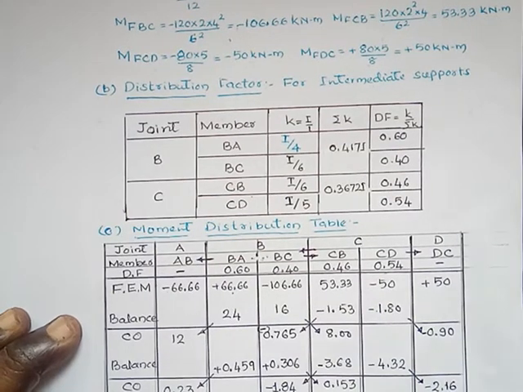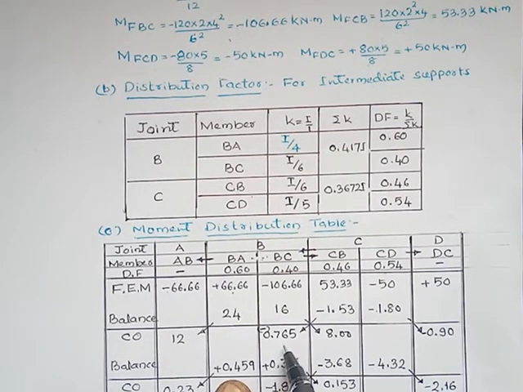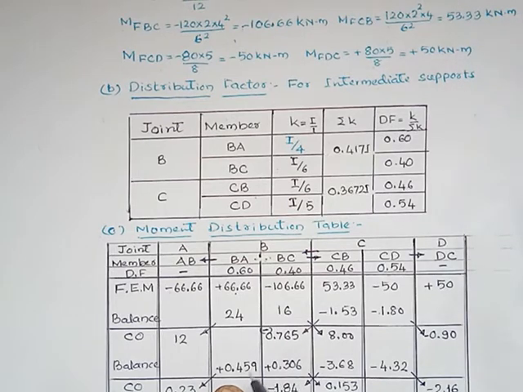Here this one is minus 0.765. To balance this, we have to add 0.765, that is positive. Then we have to distribute that among the two members.